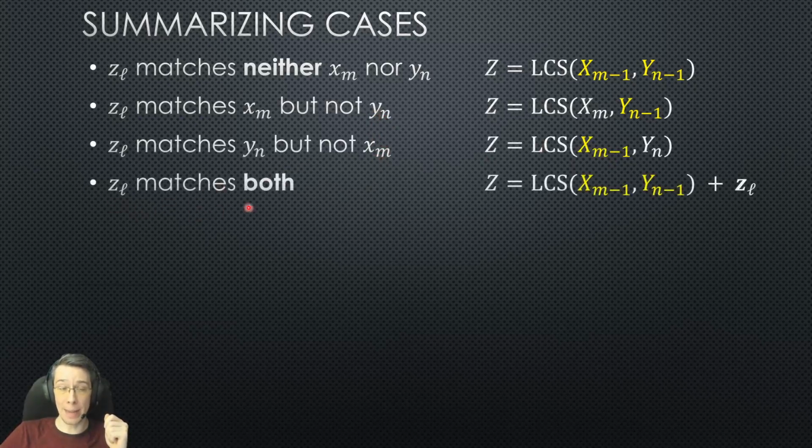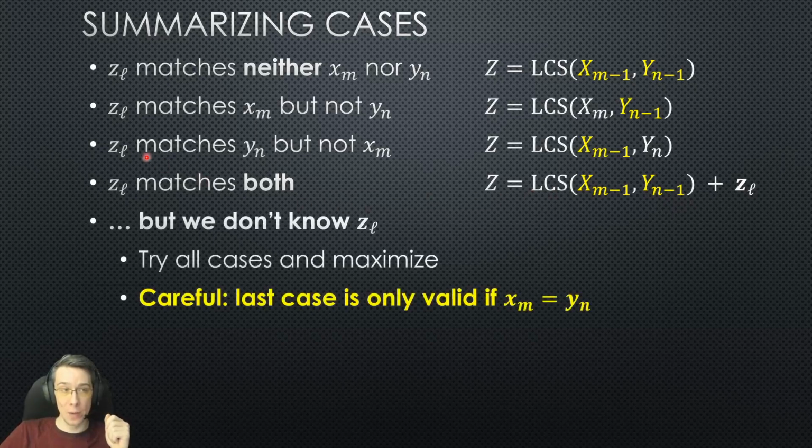Or z_l matches both x_m and y_n, in which case we match x_m and y_n, so we add it to the LCS and we recurse to find the rest of the LCS, the prefix of the LCS in x_{m-1} and y_{n-1}.